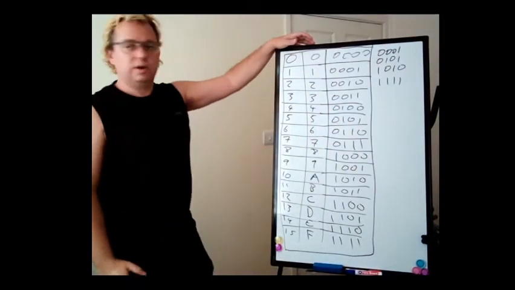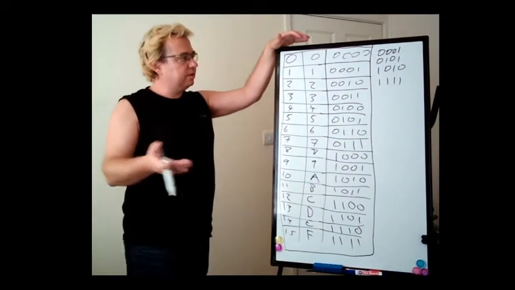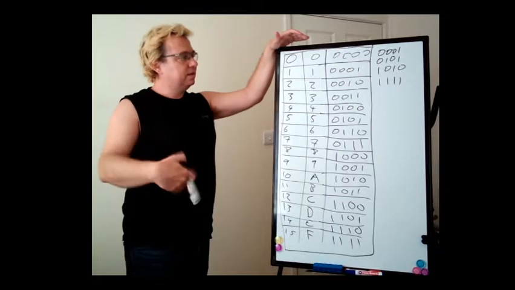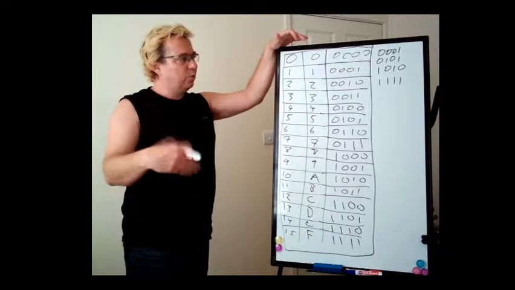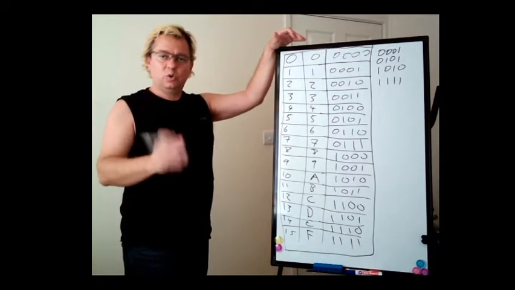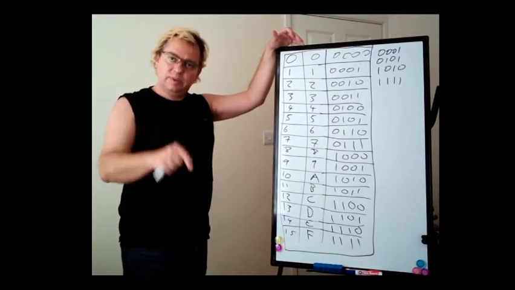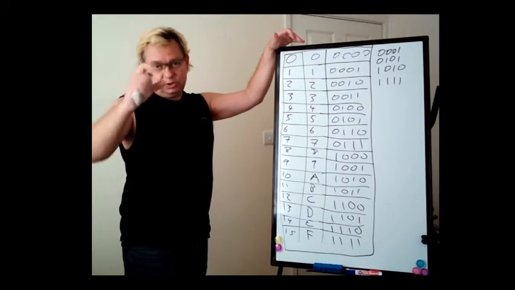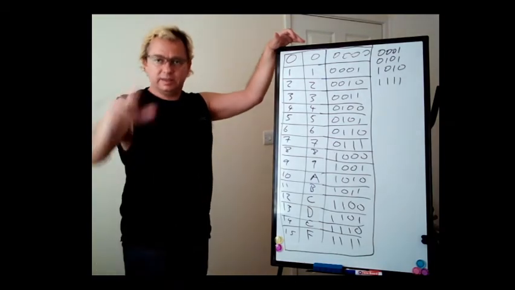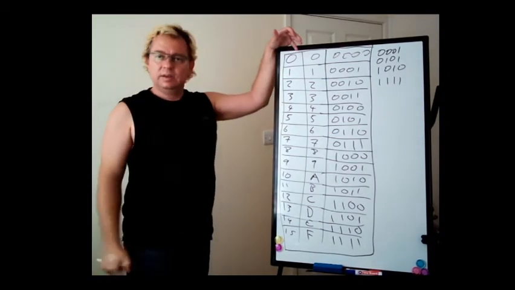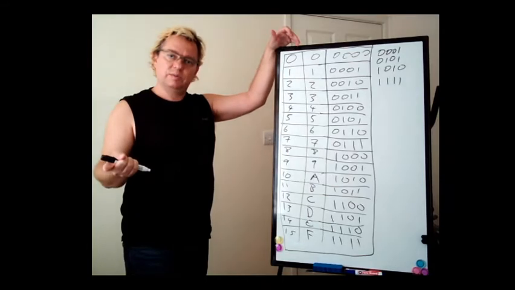One guy would be sat there going 0001, 0101, 1010, 1111, and there'd be another guy typing these in, or changing the logic gates so they met this. One error and your program doesn't work.